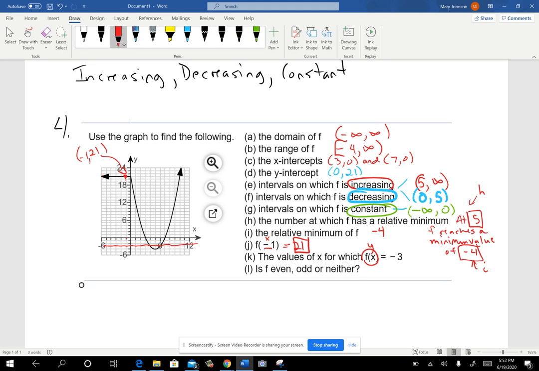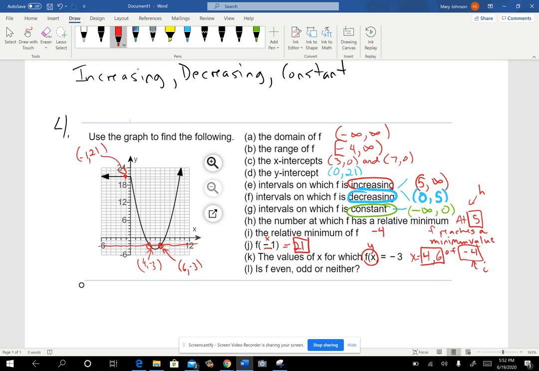And it appears to happen in 2 spots. You might need to zoom in when you look at yours on MyMathLab. It appears to happen at 2 spots. This point looks like 4, -3. This ordered pair looks like 6, -3. So your answer would be at an x of 4 or an x of 6, and it's probably going to be a box where you just put those in with a comma.